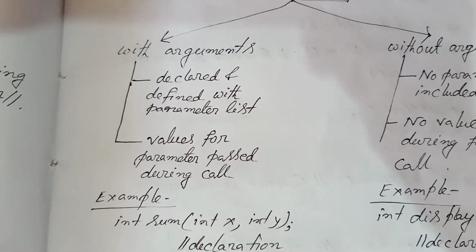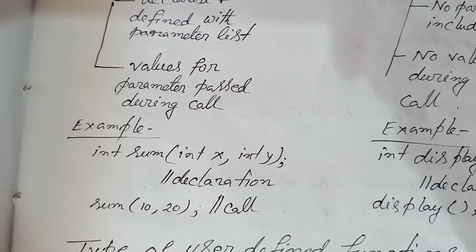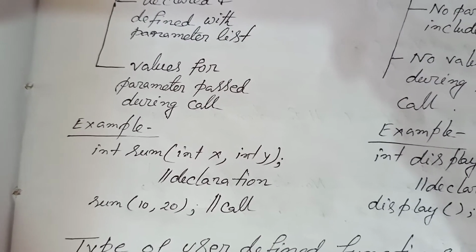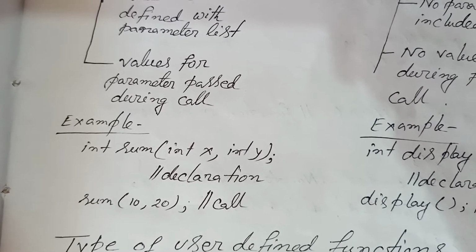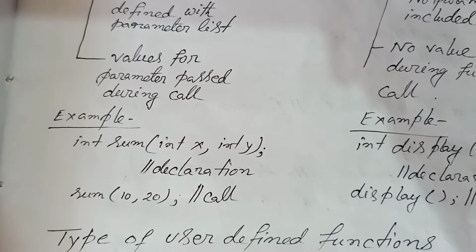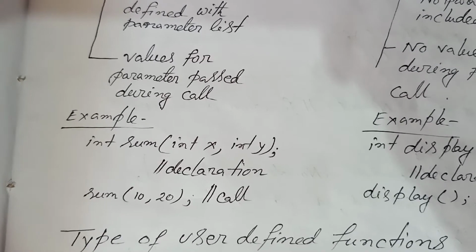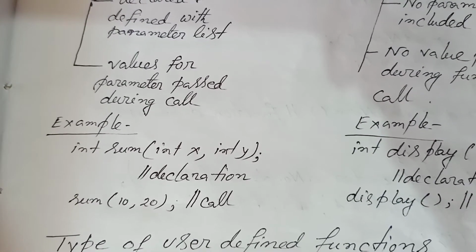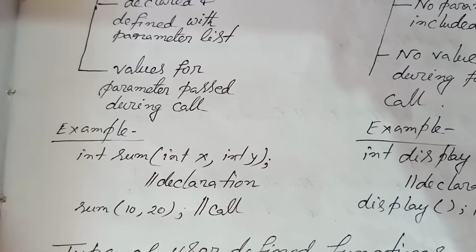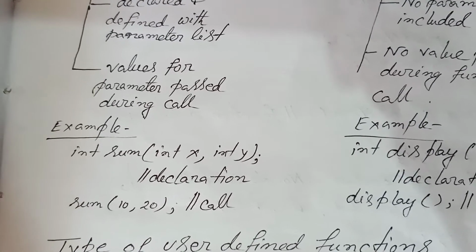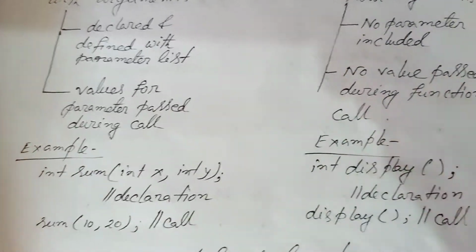For example, int sum with int x and int y. So int x and int y are the arguments of the user-defined function sum. When sum is called, the values 10 and 20 are passed through the arguments x and y.